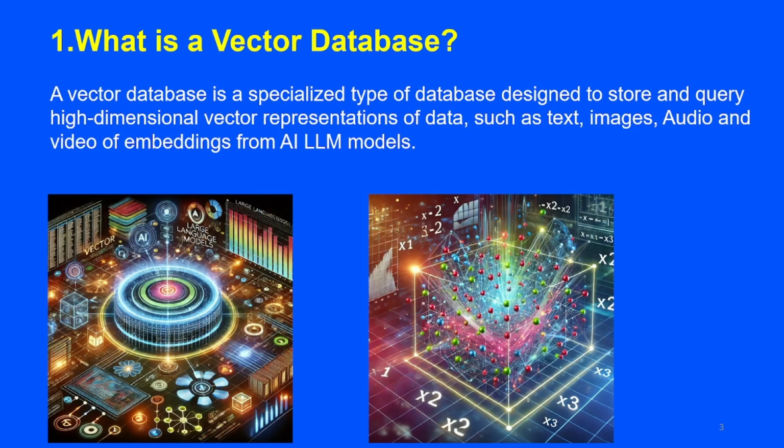Now come back to the vector database. So what is a vector database? A vector database is a specialized type of database designed to store and query multi-dimensional or high-dimensional vector representations of any kind of data. It could be image, text, audio or video.